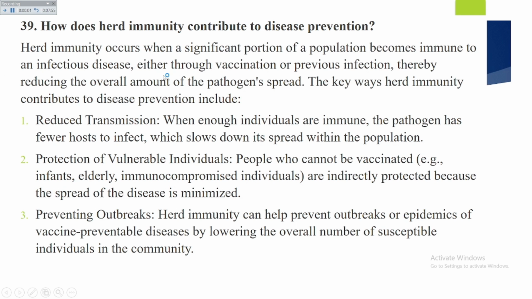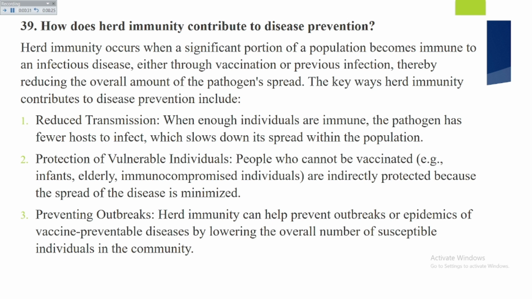So we proceed with how does herd immunity contribute to disease prevention? First, you have to know what herd immunity is. Herd immunity occurs when a significant portion of a population becomes immune to an infectious disease, either through vaccination or previous infection, thereby reducing the overall spread of the pathogen.